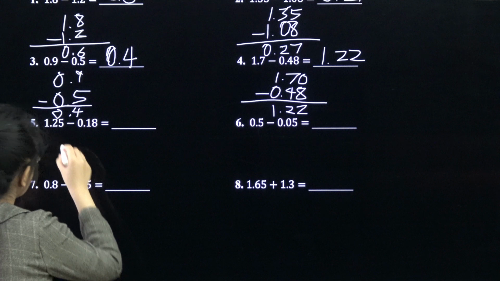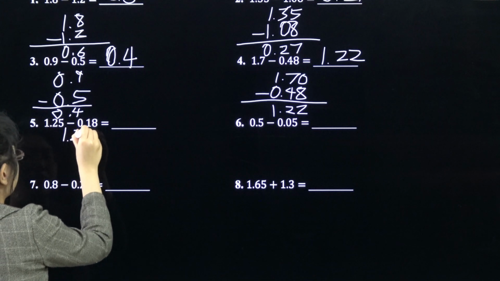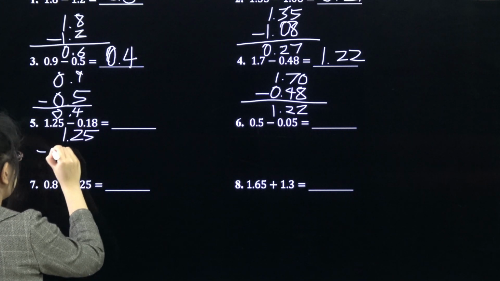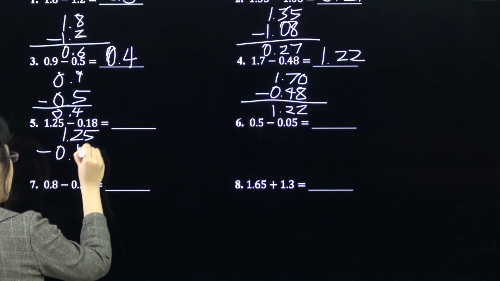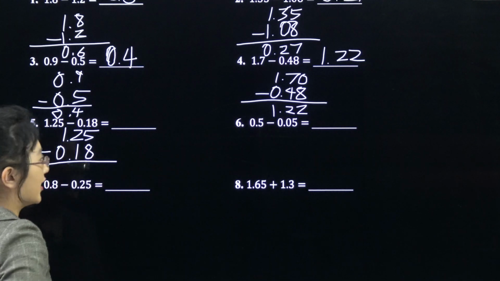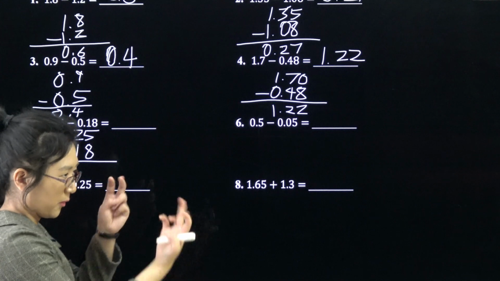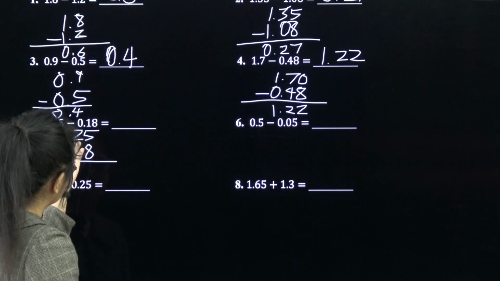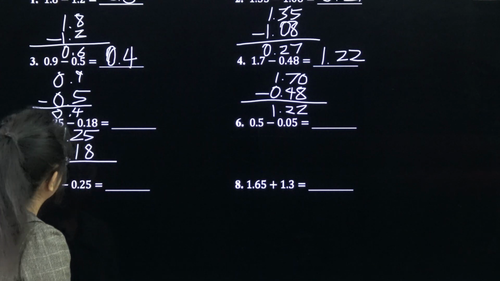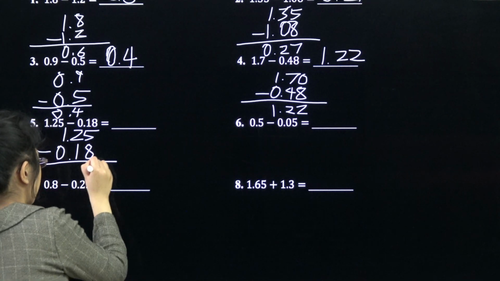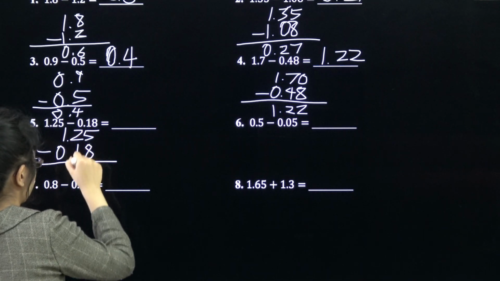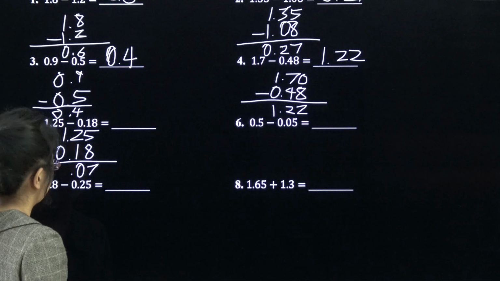1.25 minus 0.18. 5 minus 8 doesn't work, so we're gonna borrow a number from here. And then we have 15 minus 8 equals 7. 1 minus 1 equals 0 because we borrowed, remember?